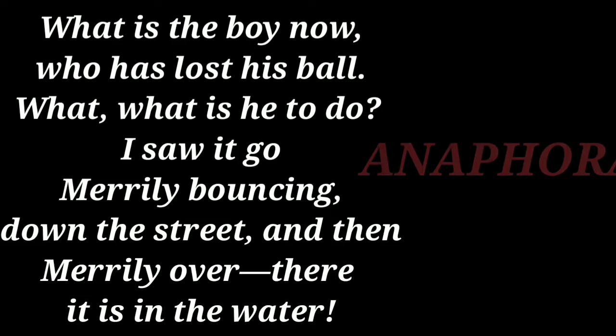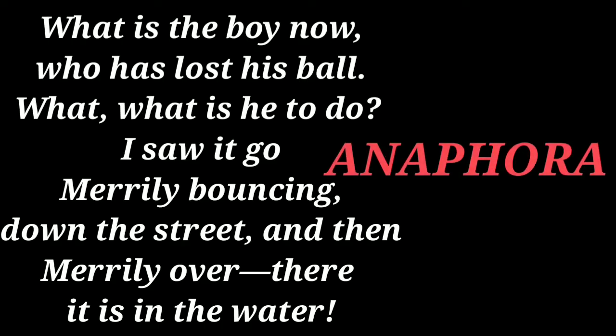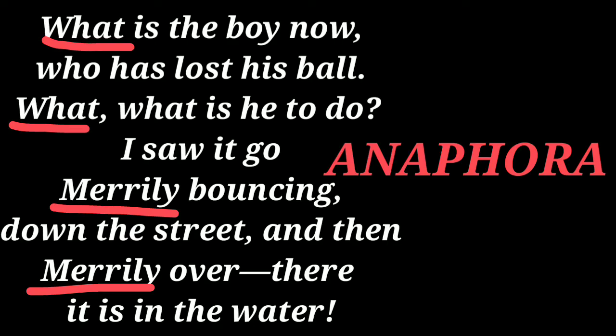First is anaphora. Anaphora means a word or a phrase that is being repeated in 2 or 3 lines at the beginning. So here you see the word what and merrily are repeated at the beginning of the lines. So this is the usage of anaphora.